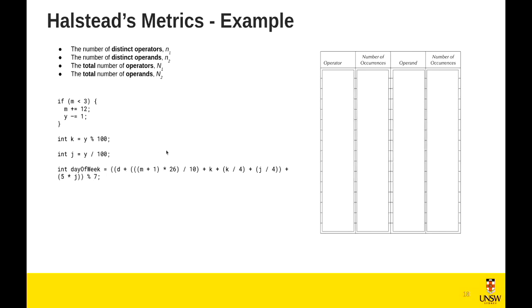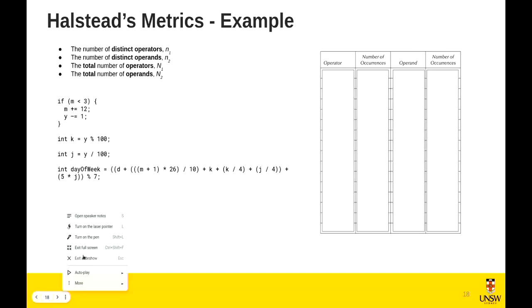Let's try to apply and calculate the Halstead metrics here. What we need to do is first count the number of operators, right? So what are the unique operators we have?